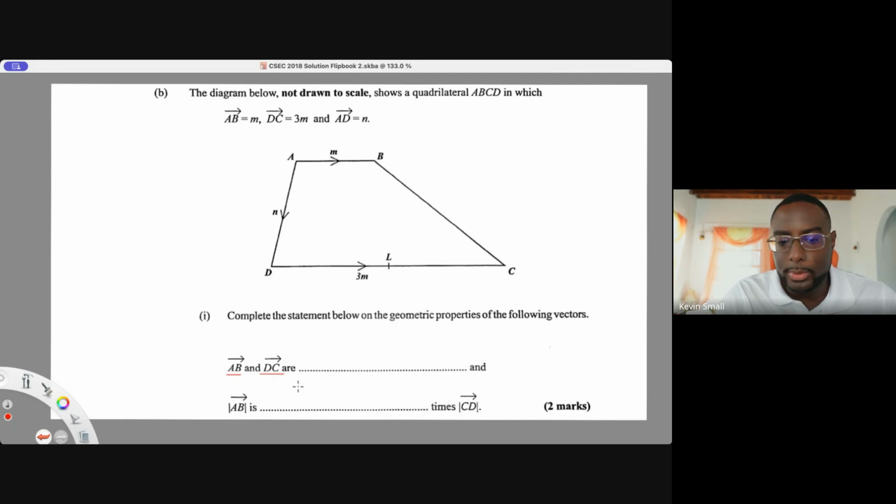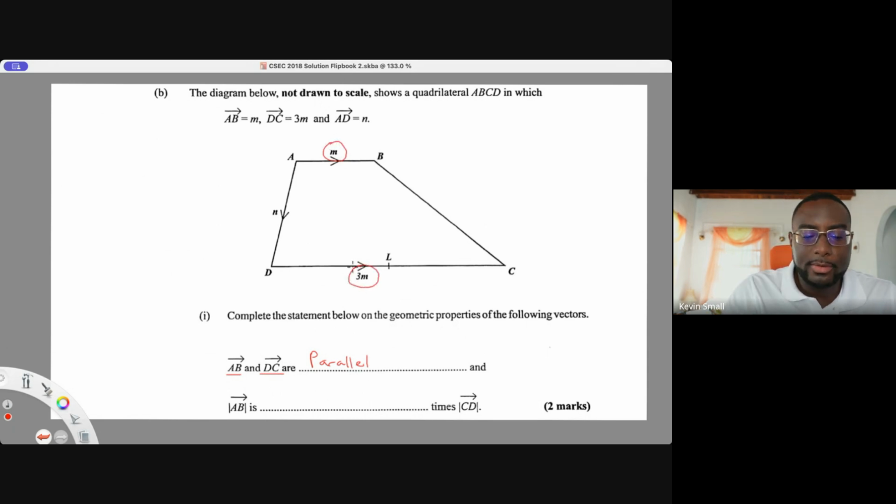One word. Parallel. Yes, please. They are parallel. And AB is how many times DC? Don't mind that I give you a big space. It's a small word. AB is how many times DC?